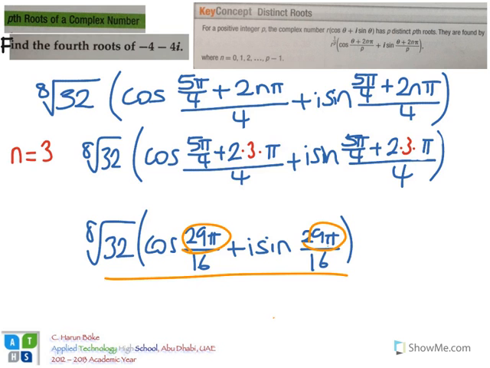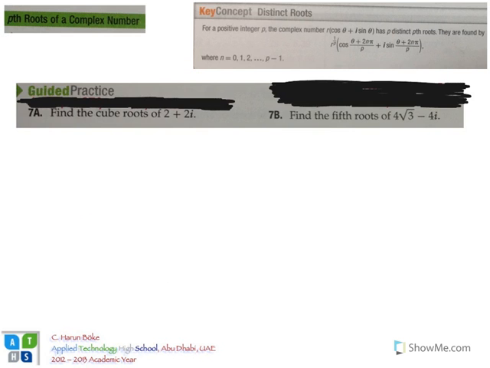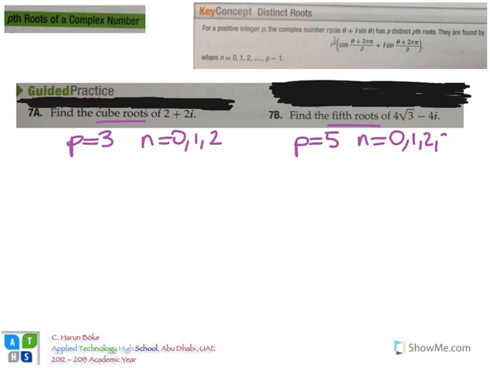Now it is your turn. In these two questions you're going to find the cube roots of 2 plus 2i, and the fifth roots of 4 root 3 minus 4i. So cube root means we have p to be 3, so n will be 0, 1 and 2, and the fifth root means p will be 5 and n will be from 0 to 4, which gives 5 roots.